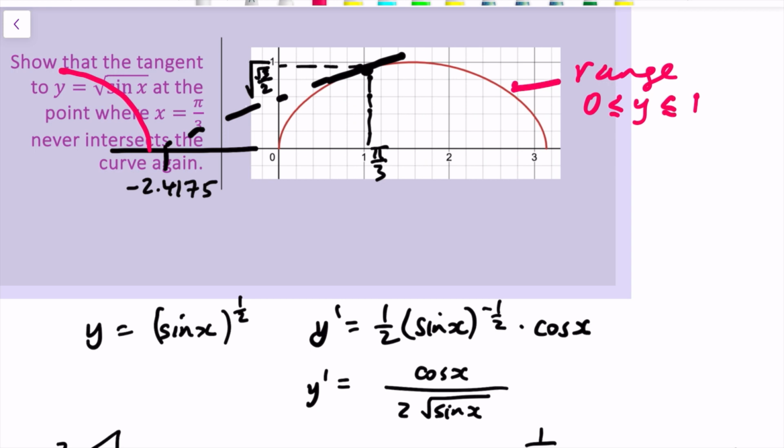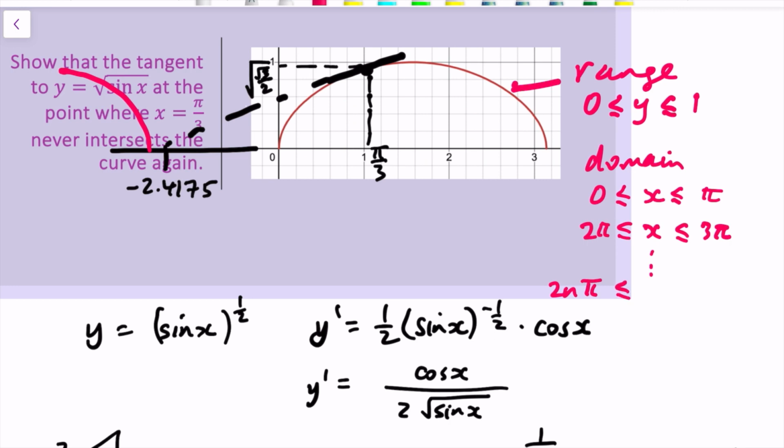And then you could talk about the domain. And you could say that the domain is not just 0 to pi. Obviously that domain there is shown from 0 to pi. But then we've also got the next one from 2 pi to 3 pi. So in general, we're going 2n pi to (2n plus 1) pi, where n is an integer, n belongs to Z, the integers.